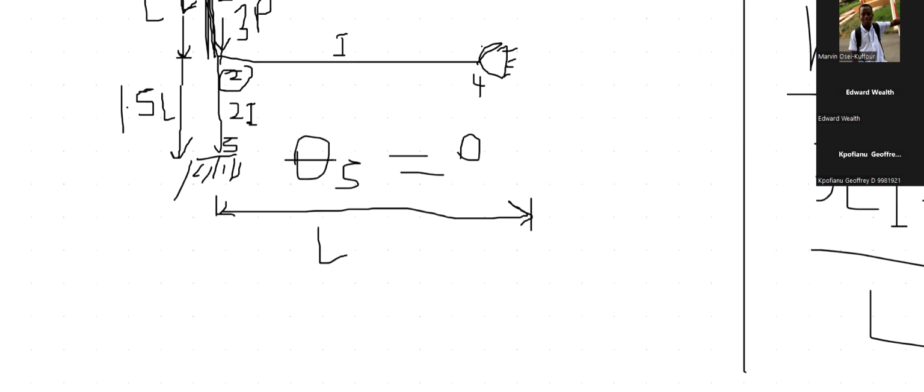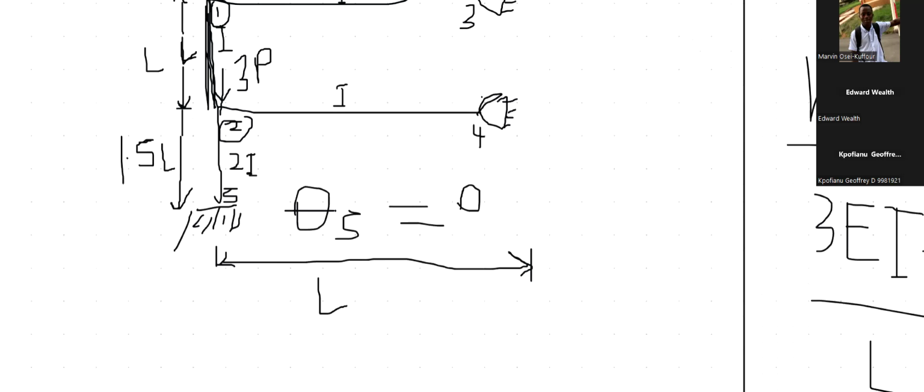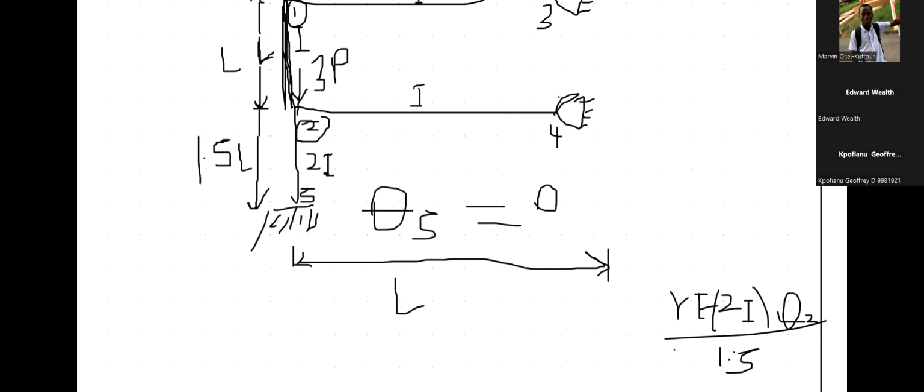The I is 2, so it will be R E 2I theta 2 over L, and the L is 1.5 L. Have you seen it? Can we continue? Yes, please.